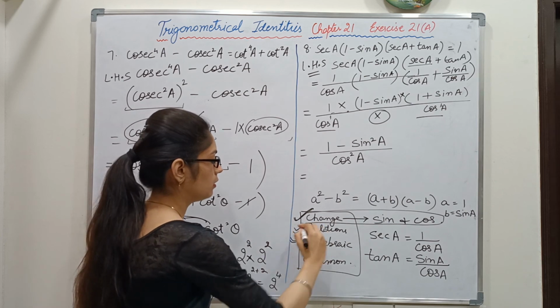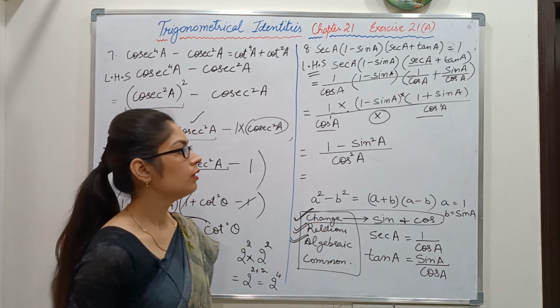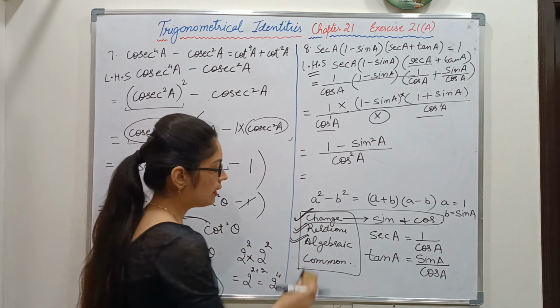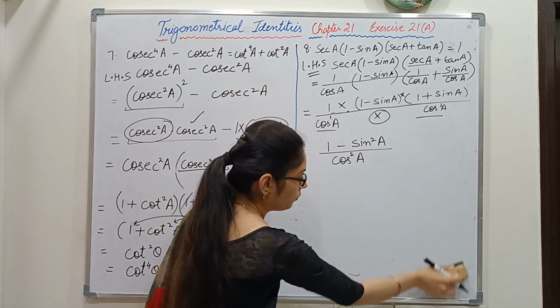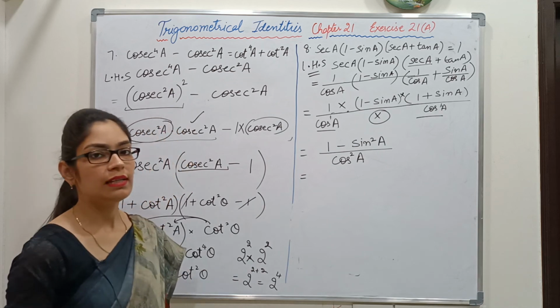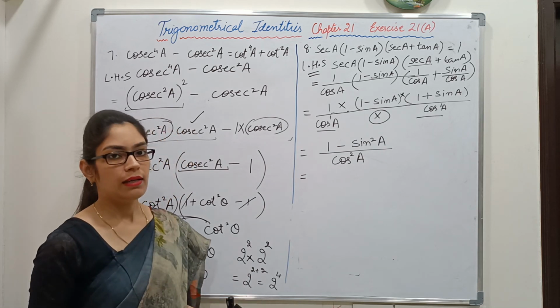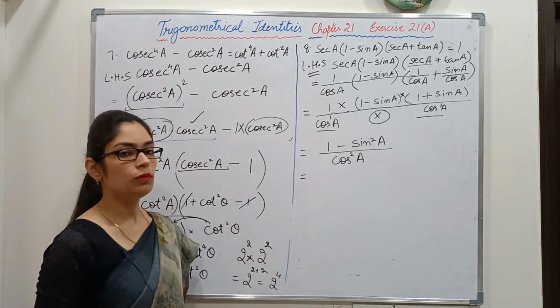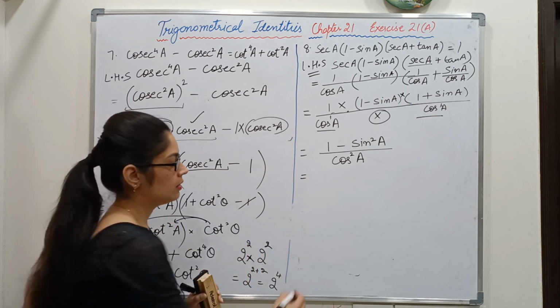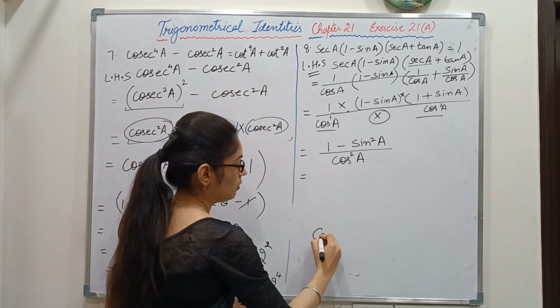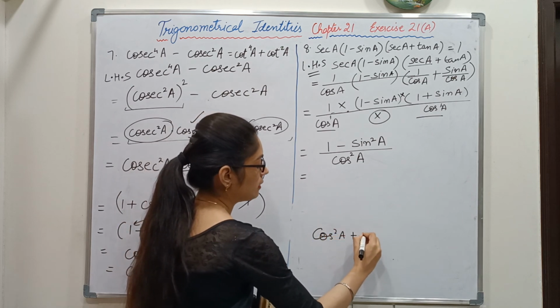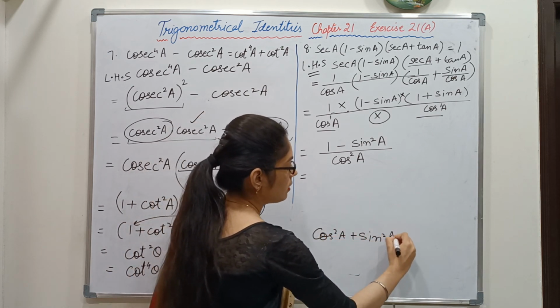Now we have to see the relation between cos and sine, because we are only left with sine and cos. We have done this: cos square A plus sine square A equals 1.